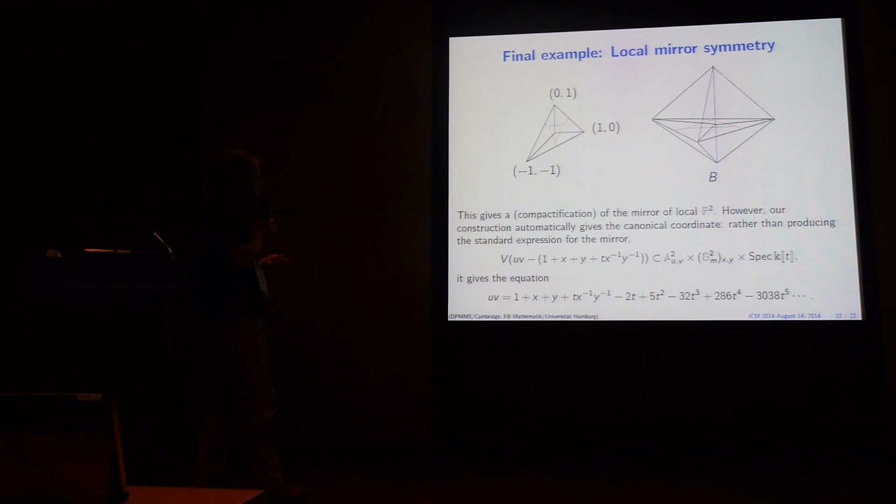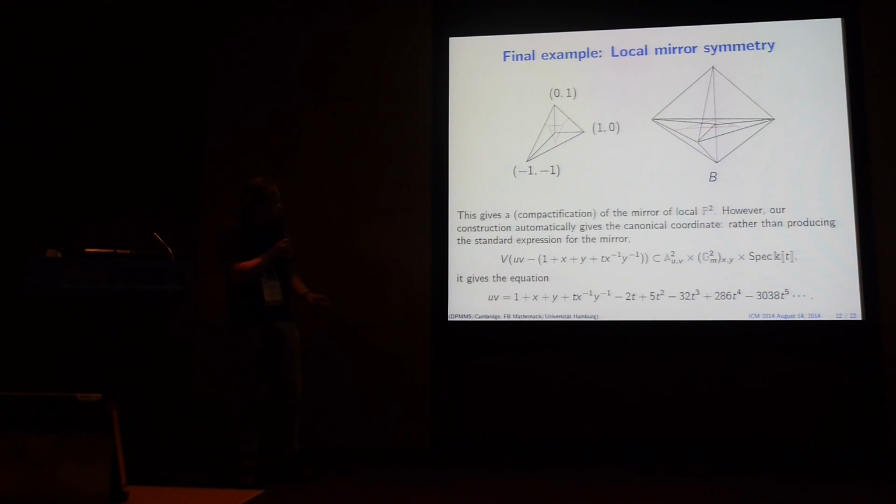But if we apply our construction, this construction actually gets modified. Essentially, the wall functions are changed in a very slight way. It has to be modified in order to get the obstructions to vanish. There's a specific way you have to modify these functions. And in this case, you get a certain power series, which starts with minus 2t plus 5t squared and so on.